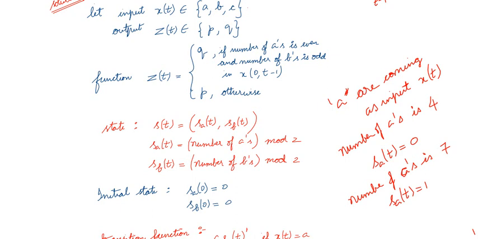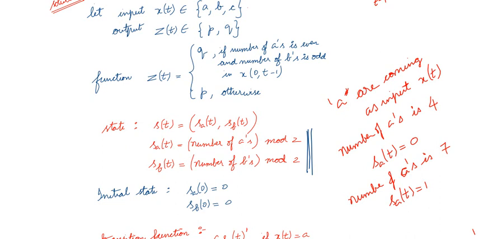Similarly I can extend this idea for b: number of b's mod 2. So it's very simple. When the number of a's or number of b's is an even number, SA of t or SB of t is equal to 0. When the number of a's or number of b's is an odd number, SA of t or SB of t is equal to 1. This is used to identify whether there are an even number of a's or an odd number of a's.